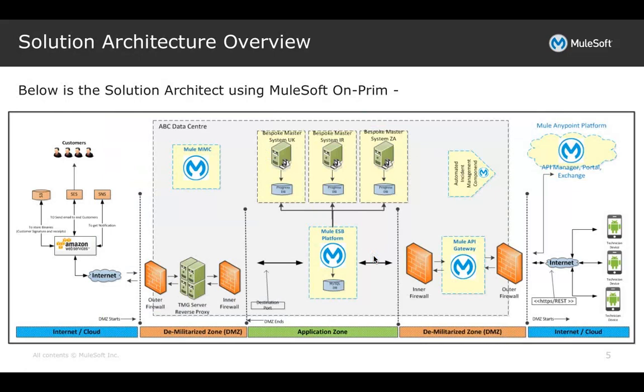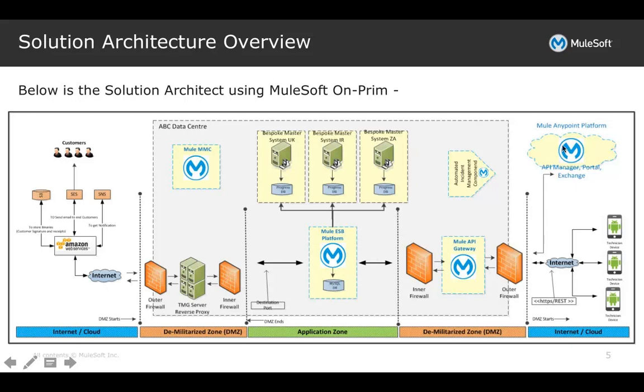Here is the solution architecture overview for ABC. It is on-prem, where we have one Mule platform, the ESP runtime, and one API gateway, and these two, the API gateway and the ESP runtime, are managed and monitored using MMC.